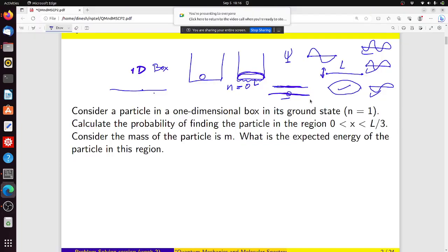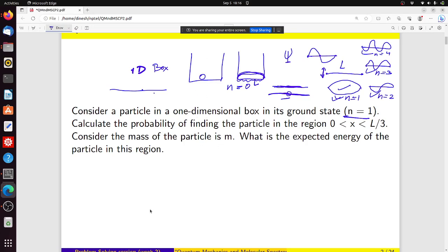So what is the minimum mode it can exhibit? So this one. We can say this is n equal to 1, n equal to 2, n equal to 3, n equal to 4, and so on. Okay, so we are given n equal to 1.